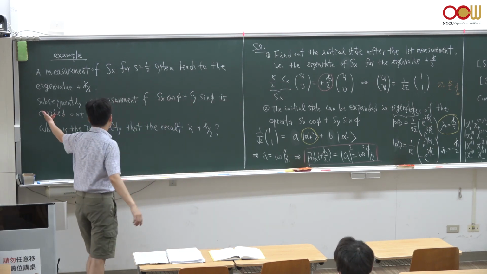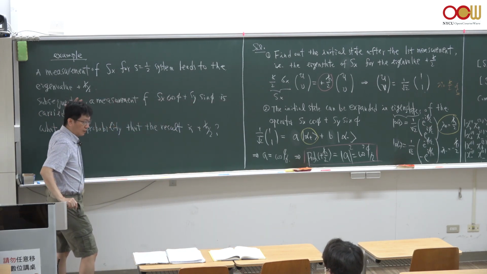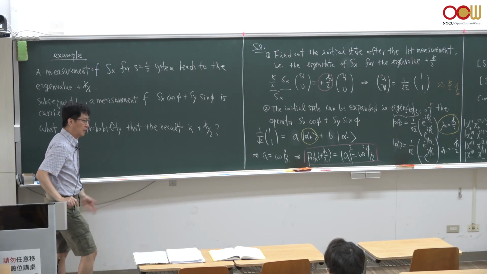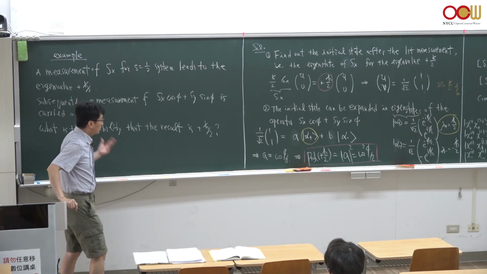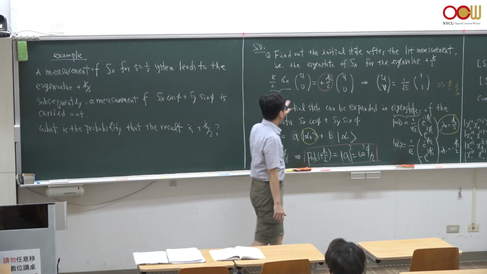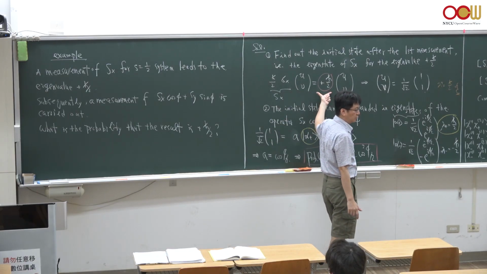The second part of the question is, given this initial state, which is the state after the first measurement. So our initial state is the eigenstate of Sx with the eigenvalue plus 1/2 h bar.